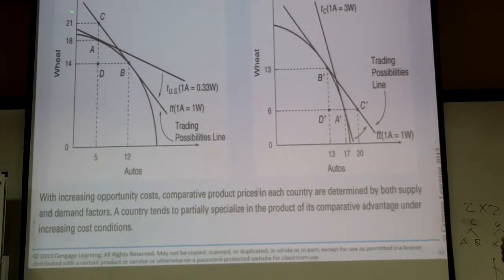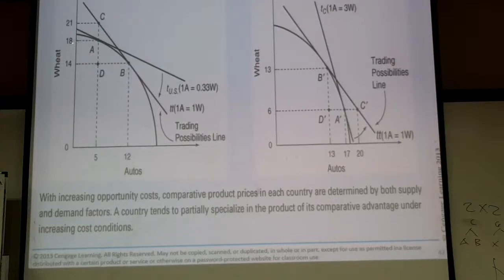So now we want to identify the trade triangle. This is already trading, okay? The beauty of international trade. What you could not use or consume before, look at this. Before trade, what you produce is what you consume. United States can only produce 5 autos, can only consume 5 autos.